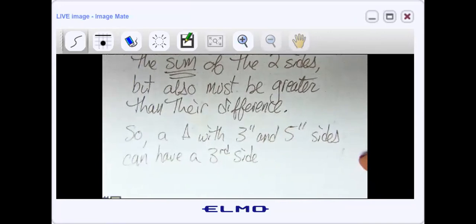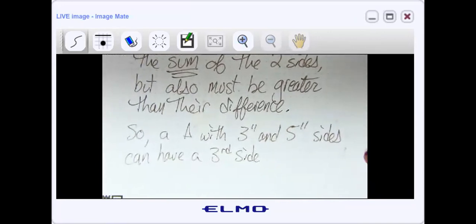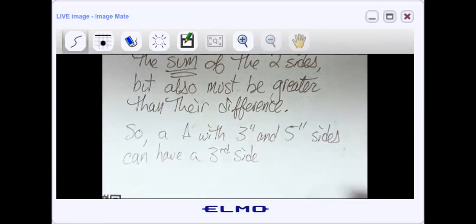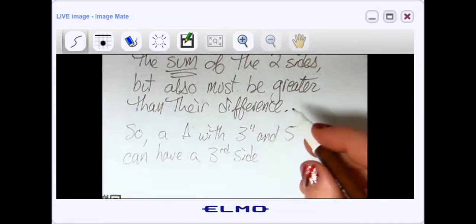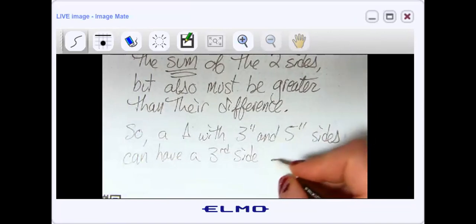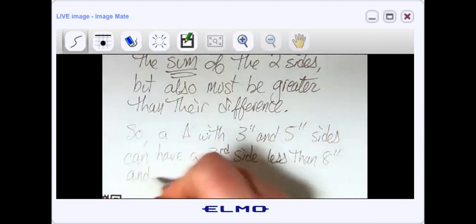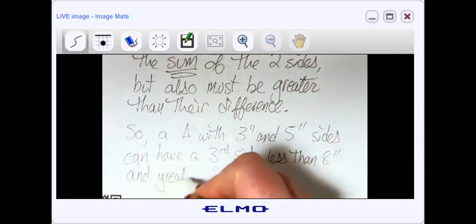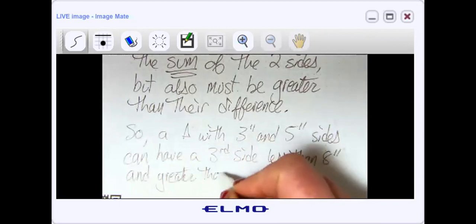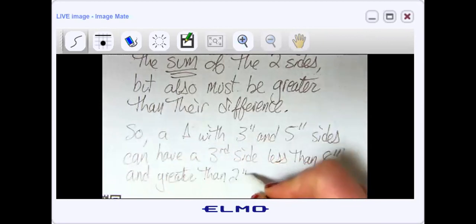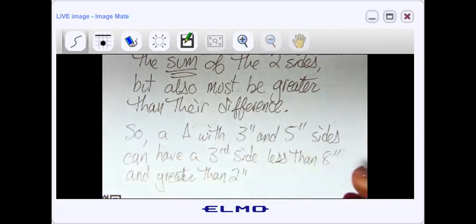I'm going to write it in words, and then I'm going to show you symbolically how we write this. So it can have a third side. We said it had to be what? Less than 8? And greater than 2 inches, because that's the difference of 3 and 5.